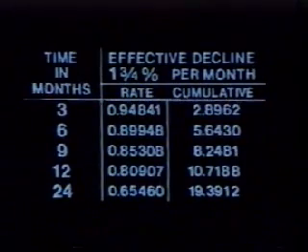Here we see a table of production rate, cumulative production, and time for an effective decline rate of 1 3/4% per month. Tabular data is normalized to the initial production rate. This means that the tabulated values must be multiplied by the initial production rate.